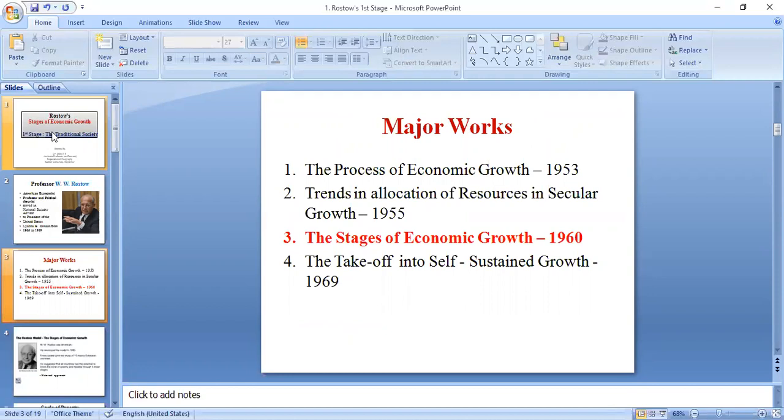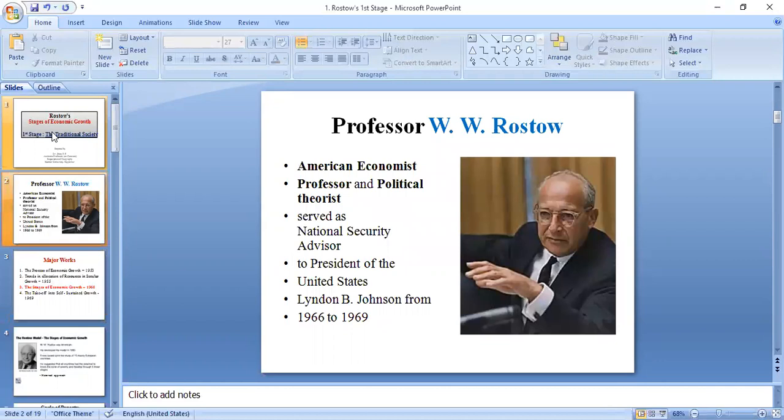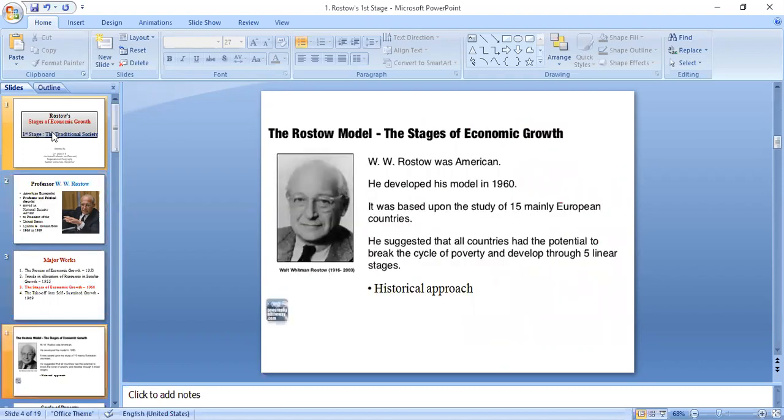So these are the four major works of Professor W. Rostow, who was an American economist, professor, and political theorist, and served as the National Security Advisor to the United States under Lyndon B. Johnson from 1966 to 69.